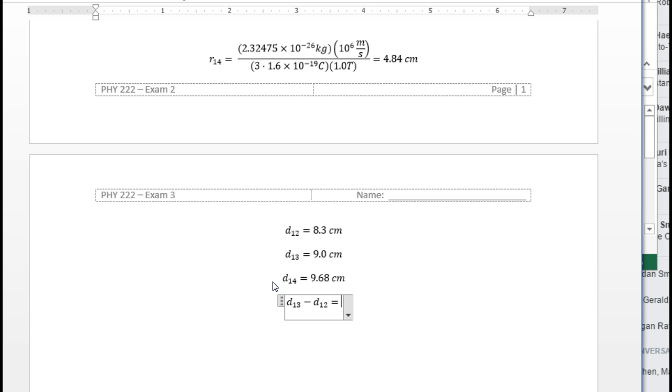That's going to give us 0.7 centimeters, or 7 millimeters. And the distance from 13 to 14 is 9.68 minus 9, which is 6.8 millimeters. And there you have it, their spacing after going through 180 degrees. And that's problem 1.